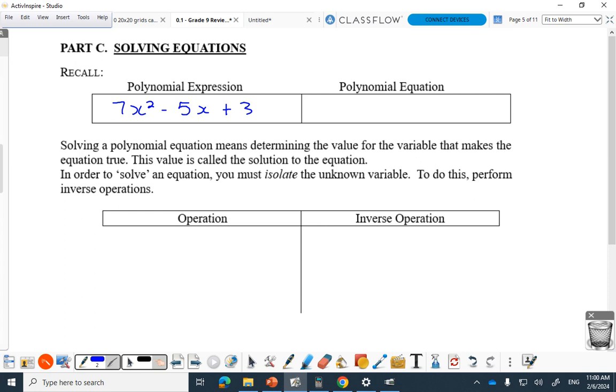When we're simplifying, we'll get an expression. A whole bunch of variables and numbers and exponents all combined together. However, when we want to solve an equation, we might get 7x squared minus 5x plus 3 equals something. And I put 0 there, but it doesn't have to be 0 over there. That's the only difference between an expression and an equation.